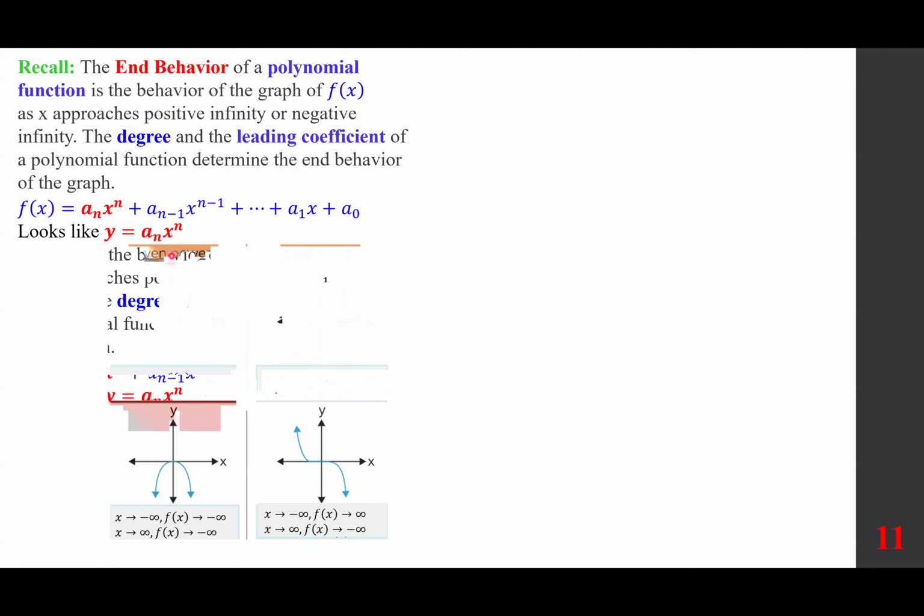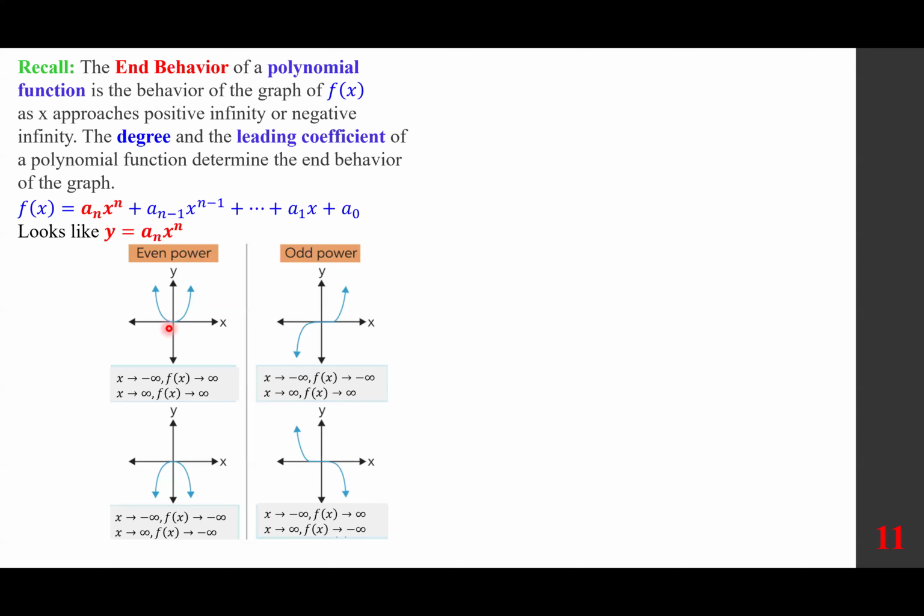If you look at the following cases, when you're dealing with an even power, the graph looks like y equals x squared or y equals minus x squared. Which one is the case? Well, if a sub n, the leading coefficient, is positive, it looks like y equals x squared, meaning the end behavior belongs to the first and second quadrants, meaning whether x approaches negative or positive infinity, f of x in both cases goes to positive infinity.